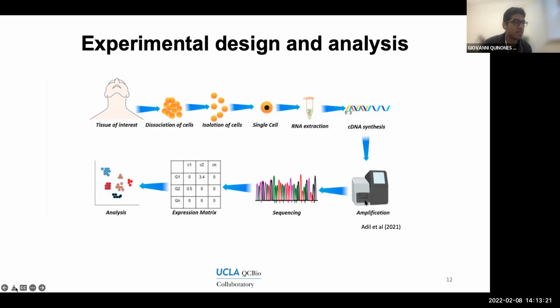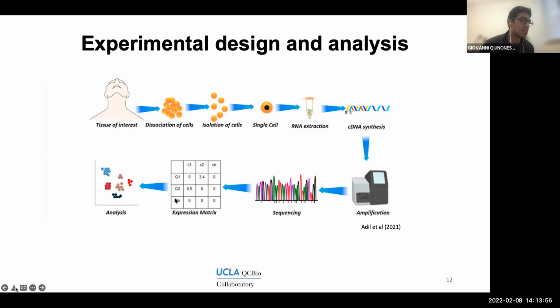The next step is sequencing, which, like I mentioned before, means to read the RNA molecule to get some information about where the molecule comes from, what it looks like, how many copies, and so on. From this sequencing data, we obtain an expression matrix. When it comes to analysis of single cell RNA sequencing data, this expression matrix is the starting point.